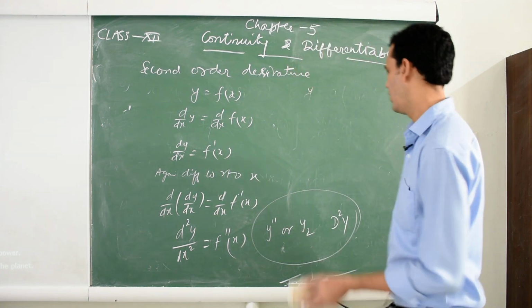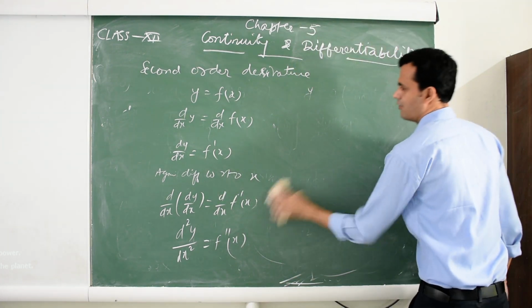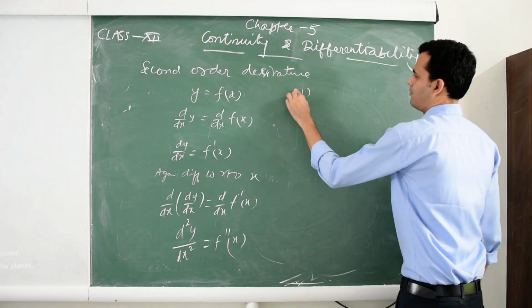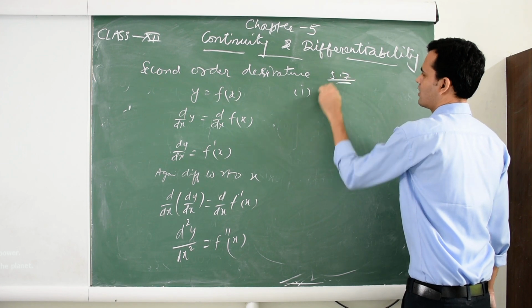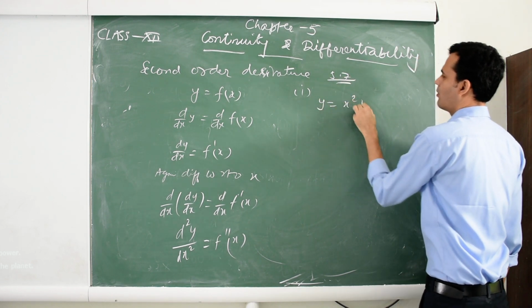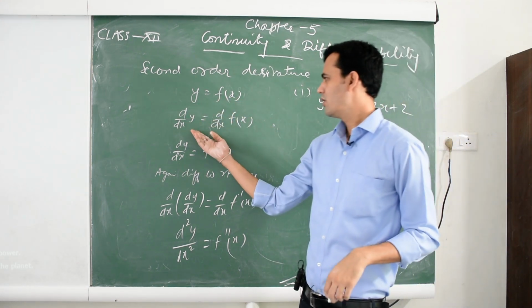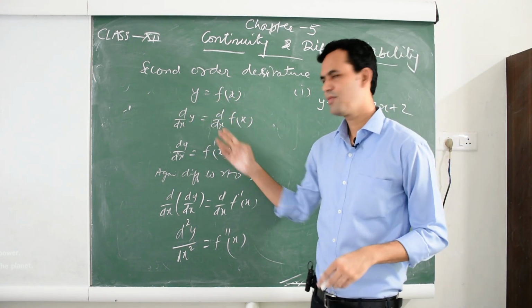Now exercise 5.7. Let's take the first question. 5.7, question number 1, y equals x square plus 3x plus 2. According to this question, we differentiate with respect to x.